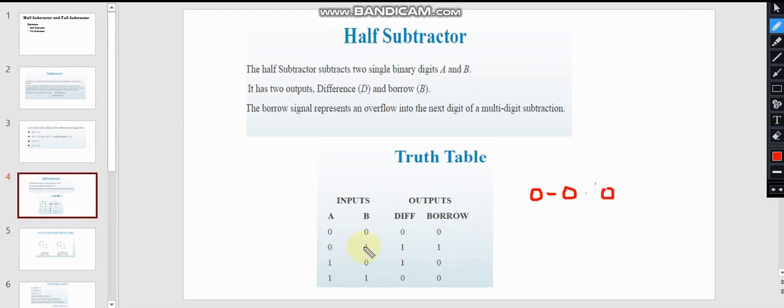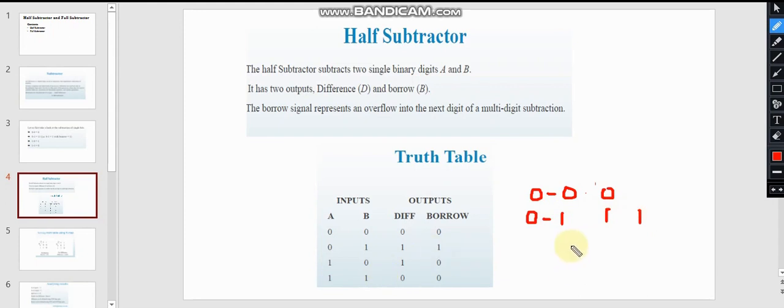So in this case difference is 0 and borrow is 0. When the minuend is less and the subtrahend is higher, what should I do? I should take a borrow. Then the difference would be 1 and the borrow would be 1 in this case.